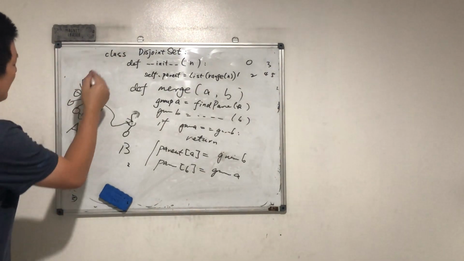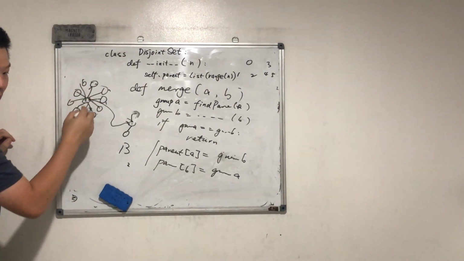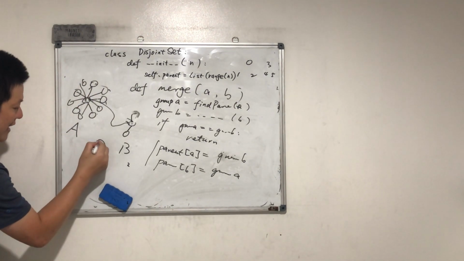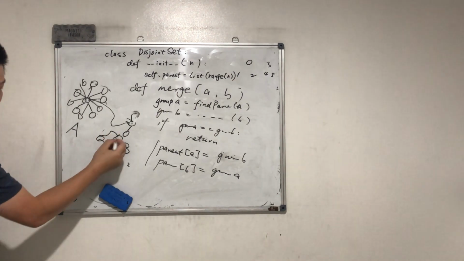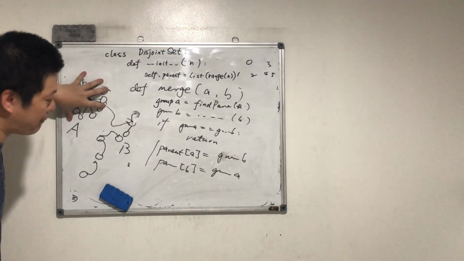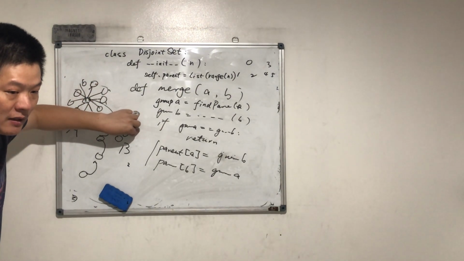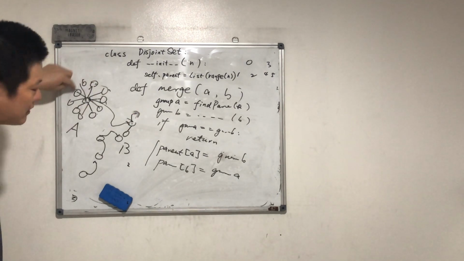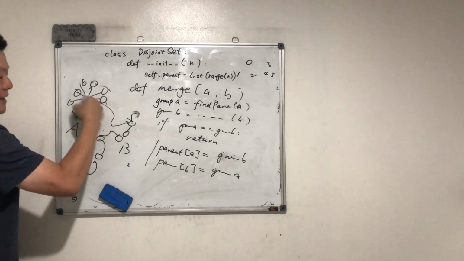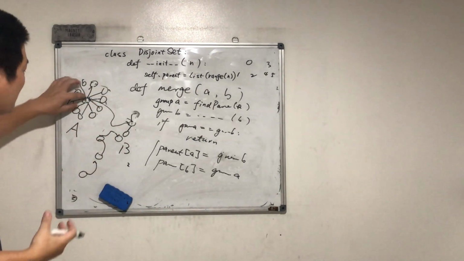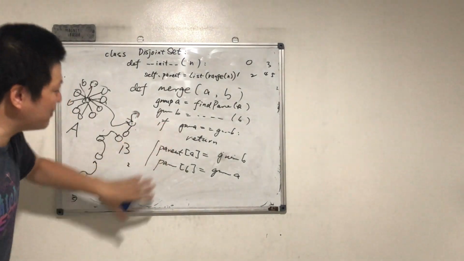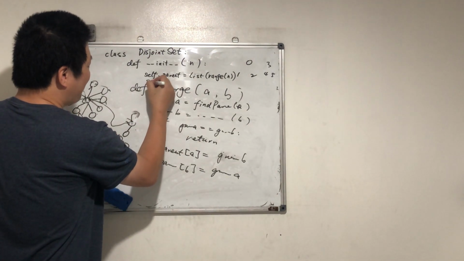Remember, I want to shorten the path, I want to compress this path. But when merging the bigger set to the smaller set, all these nodes will be affected. If I move the smaller set to this, the majority of the paths will not be affected, only the fewer ones.